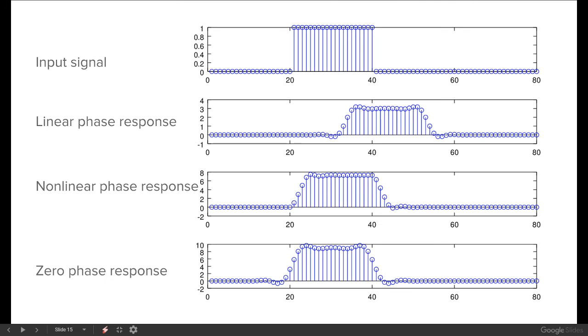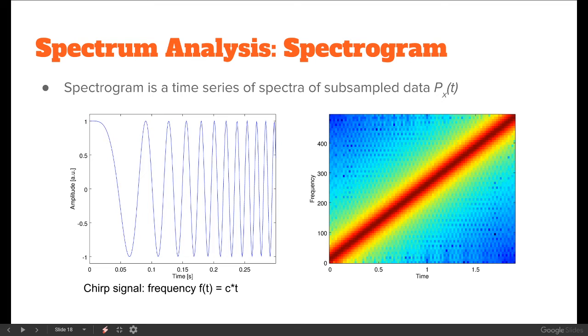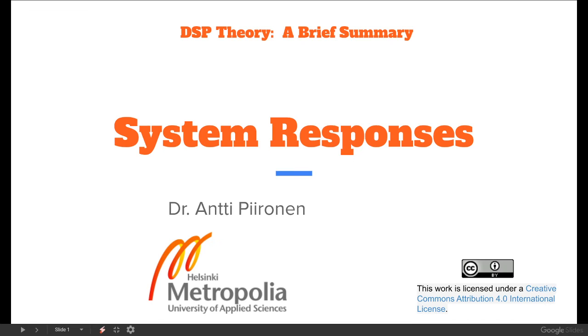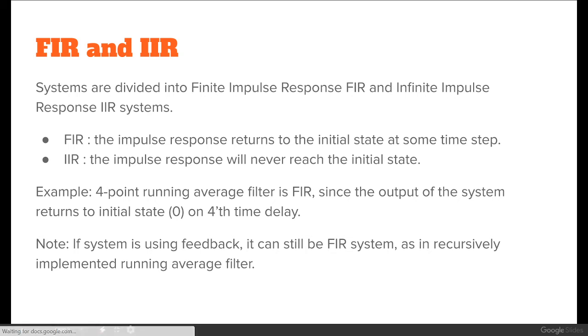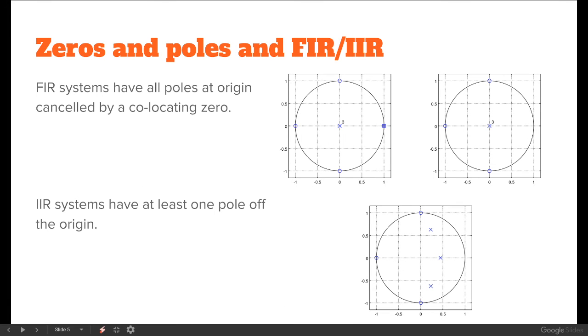Okay, good. That was the whole thing on system responses. Impulse response defines if it's FIR or IIR. Transfer function actually is just a Z transform of impulse response.